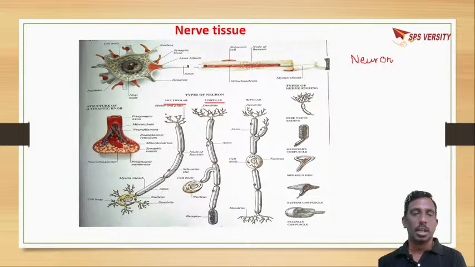And the gap between 2 neurons is the synapse, where there are electric synapse and chemical synapse, depending upon the gap. So this is about the nervous tissue which is associated with our brain, spinal cord.